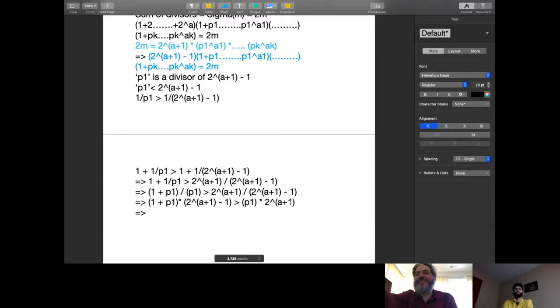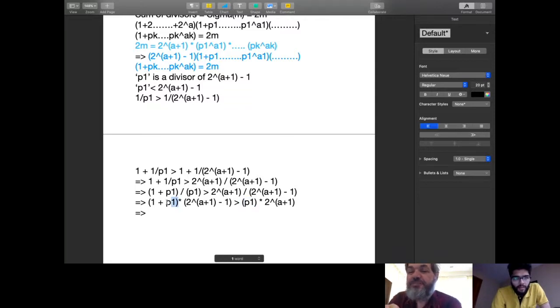So now we see that it's the same thing, basically. If you don't agree that it's the same thing, let's have a look. Yes, the powers of 2 are the same: 2 to the a plus 1, and then 2 to the a plus 1 minus 1. But the powers of p1 are not the same, because on the last line we wrote, it's a p1 on the right of the inequality, and on the left is 1 plus p1.